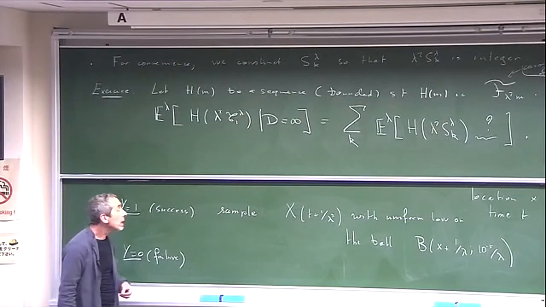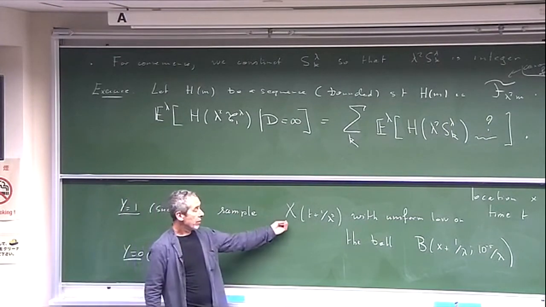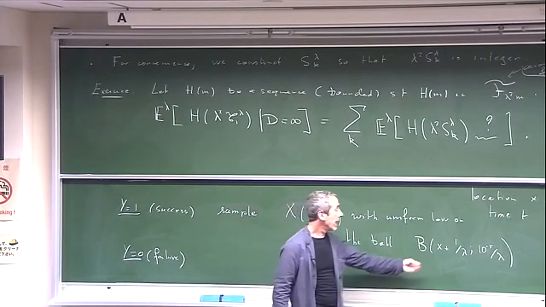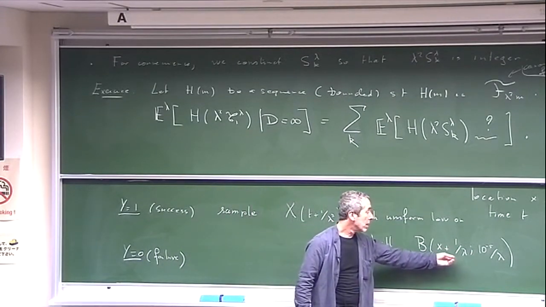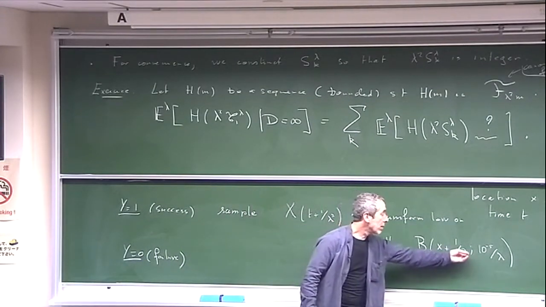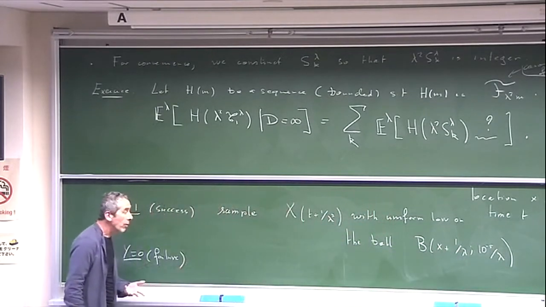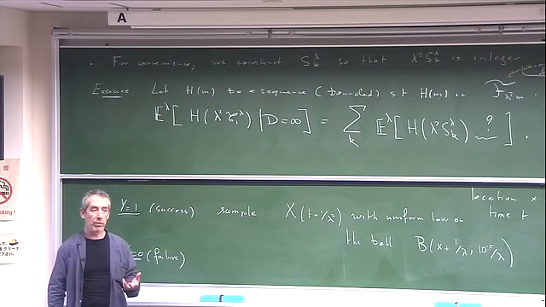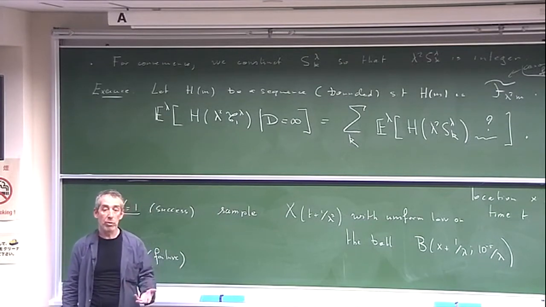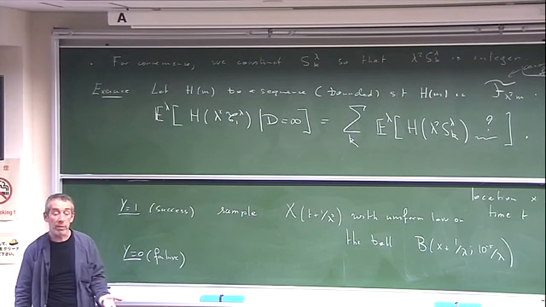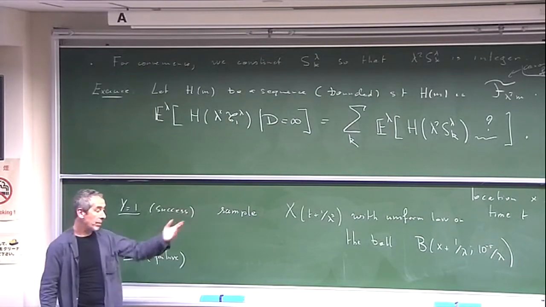Jumping to the ball centered at x plus 1 over lambda with the uniform law is not what the diffusion in the random environment is supposed to do, because the diffusion in the random environment has a behavior that does depend on the environment, and that doesn't.